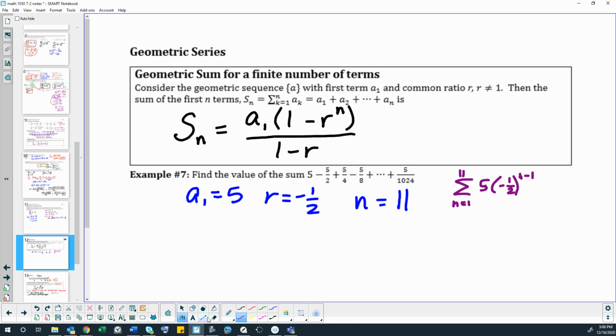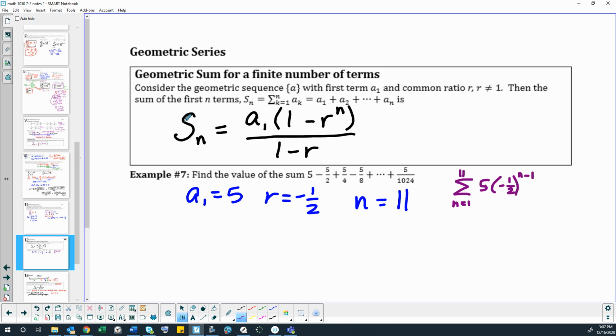I don't know if that looks familiar to you from a previous problem. Okay, so a sub 1 is 5, r is -1/2, the first term and the common ratio that's multiplied each time, and the number of terms is 11. And again, we found that value in the previous problem.